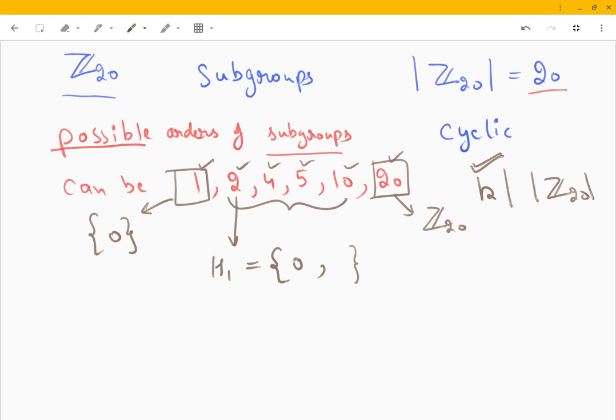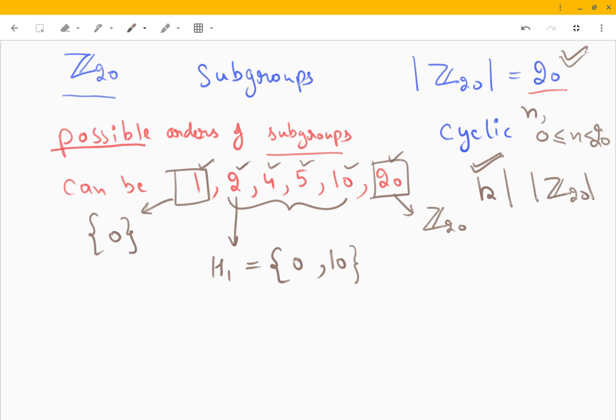And we know that Z20 contains n where n belongs to 0 to 19. So only 10 is the element which is self-invertible in this.